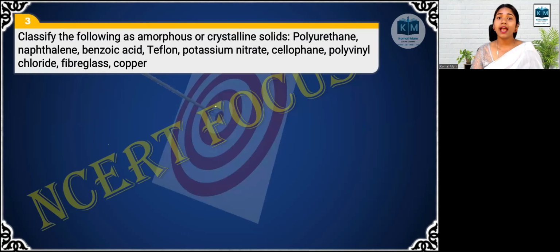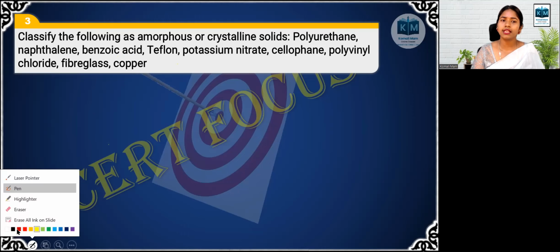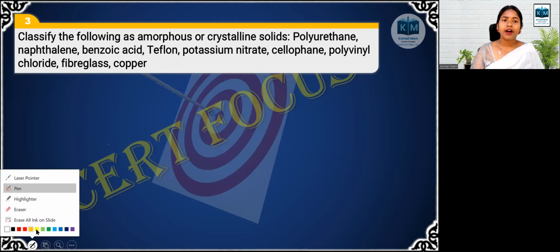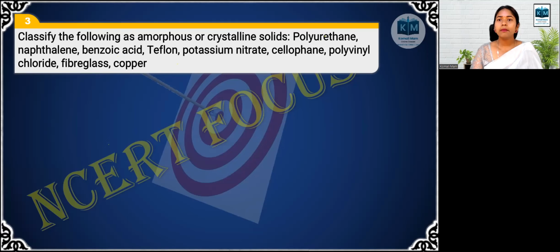Classify the following as amorphous or crystalline solids: polyurethane, naphthalene, benzoic acid, Teflon, potassium nitrate, cellophane, polyvinyl chloride, fiberglass, copper. See, a small technique I tell you. Wherever poly is there, you can name it as amorphous, like polyvinyl chloride.